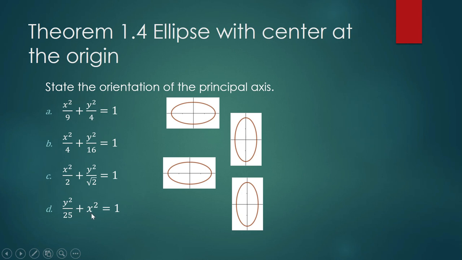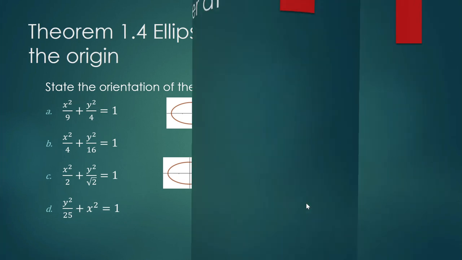It's 1. So y squared over 25 plus x squared over 1. What's the value of a squared? It's 25. The value of b squared is 1. So since a squared appears below y squared, our axis is vertical.